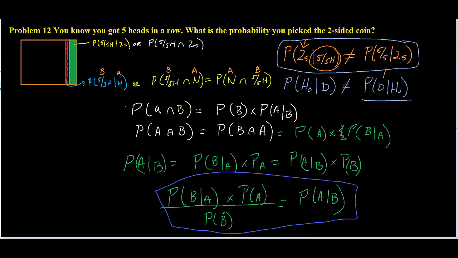And now we will use this theorem to figure out the probability that we pick the two-sided coin.